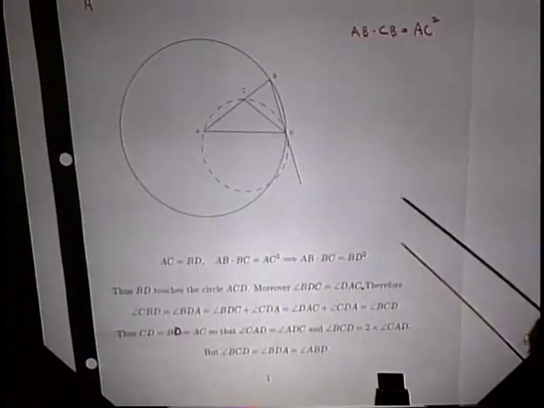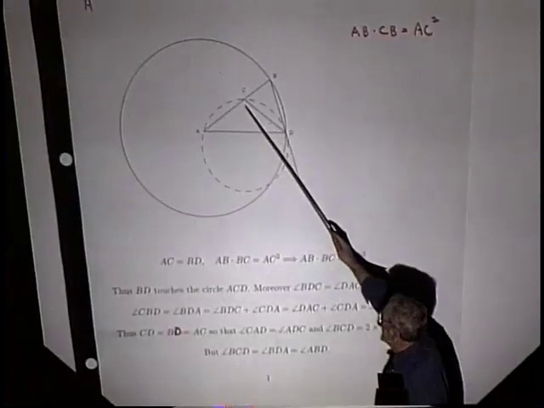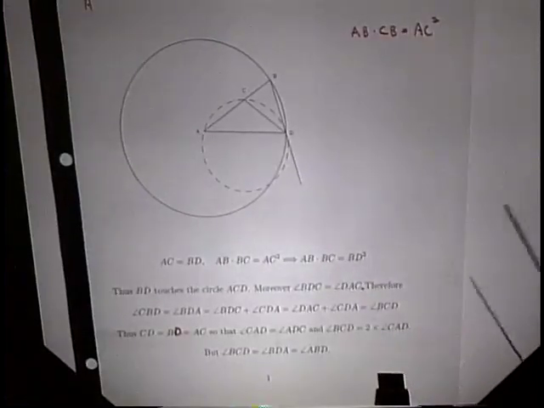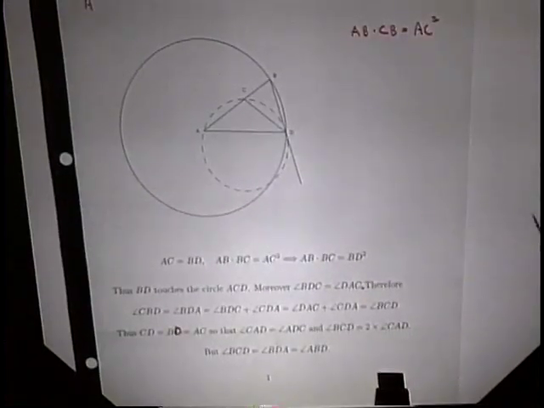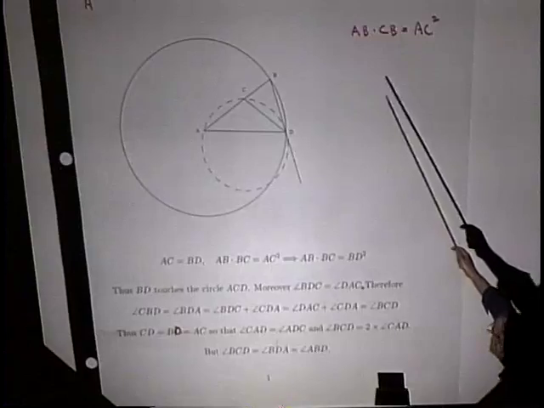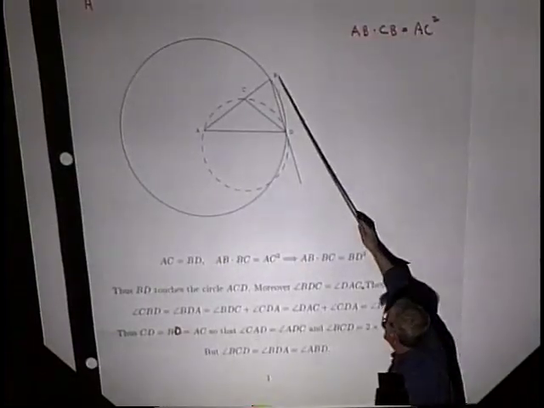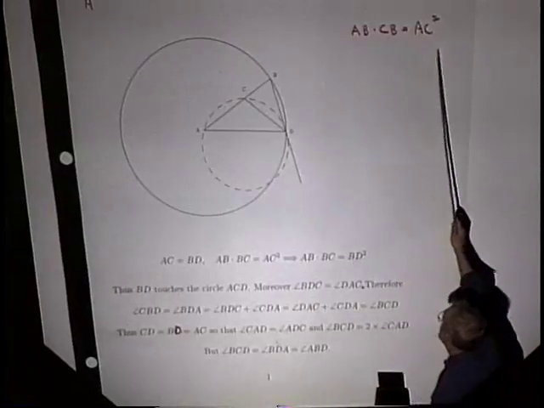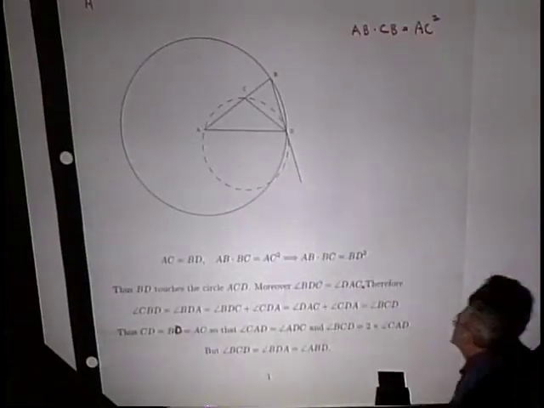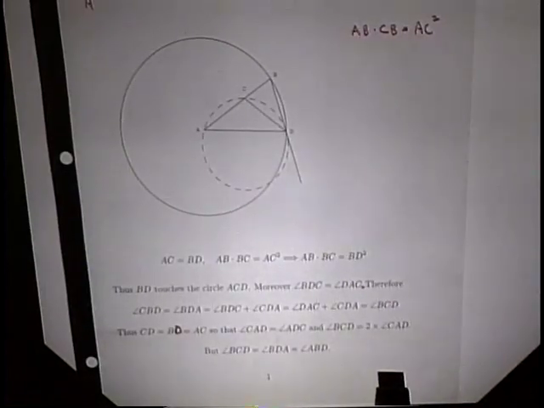And we divide it by C. This was divided in mean and extreme ratio. This was the proposition 2.11 that we haven't proven. So what this means is that the rectangle on AB and CB is equal to the square on AC. So we're assuming we can do that. We have yet to do it.